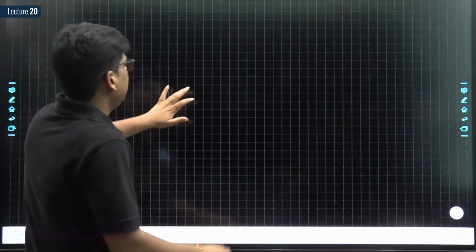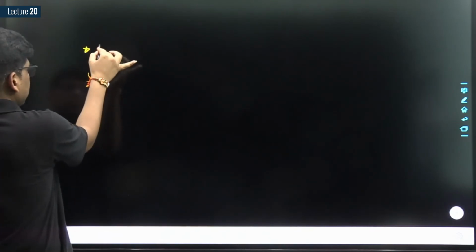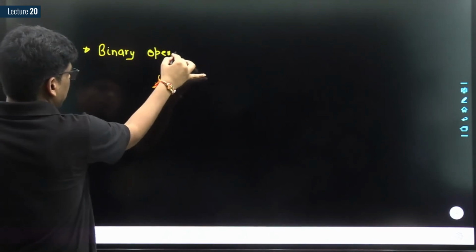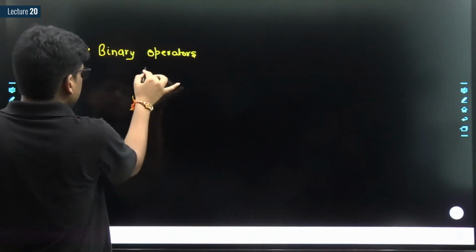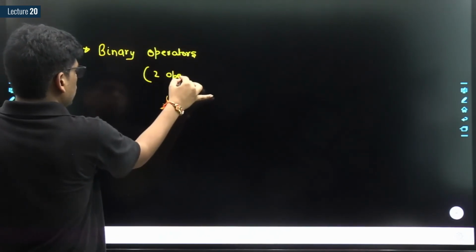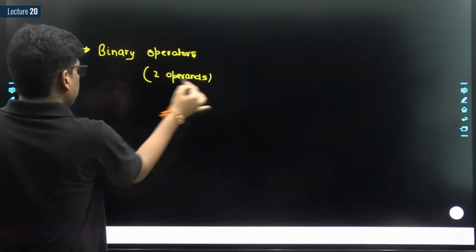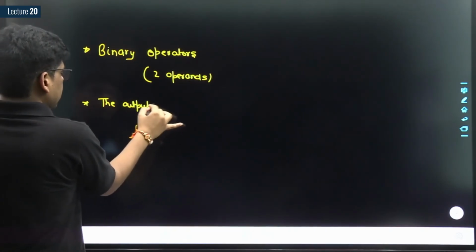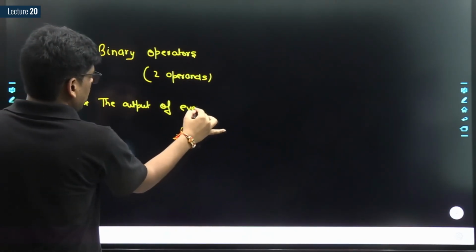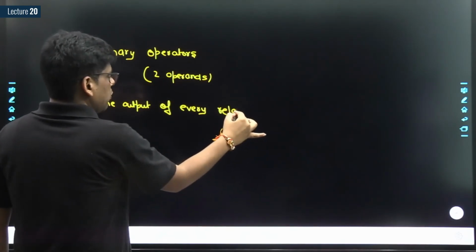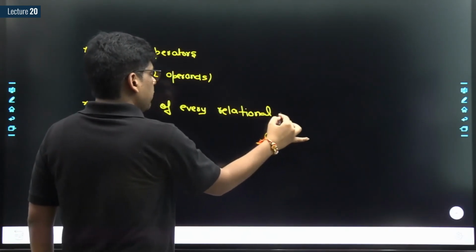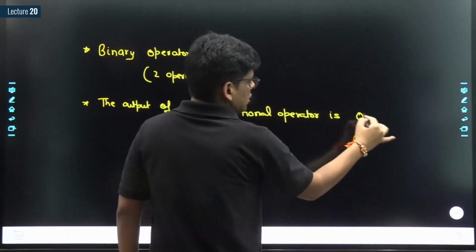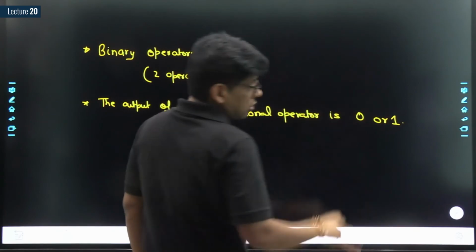Sir, let me again revise everything. All relational operators are binary operators. That means they require 2 operands. The output of every relational operator is 0 or 1, nothing else.